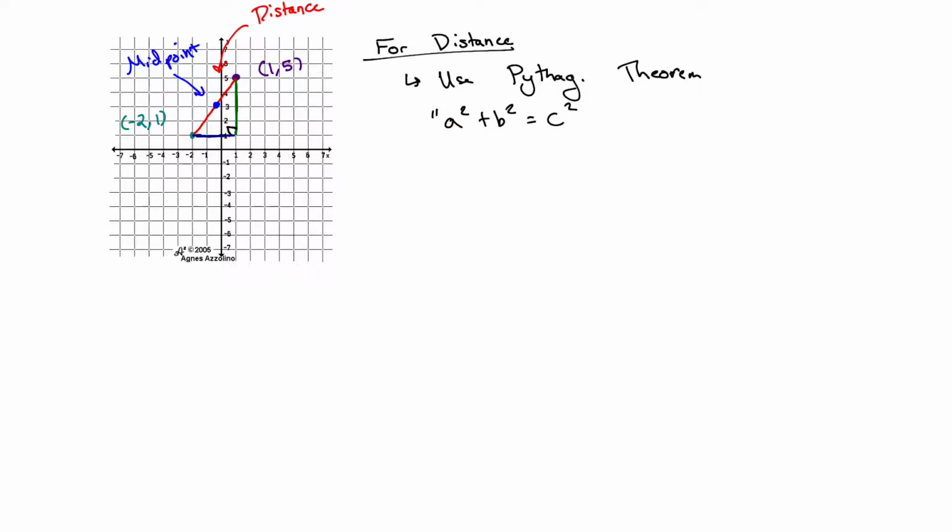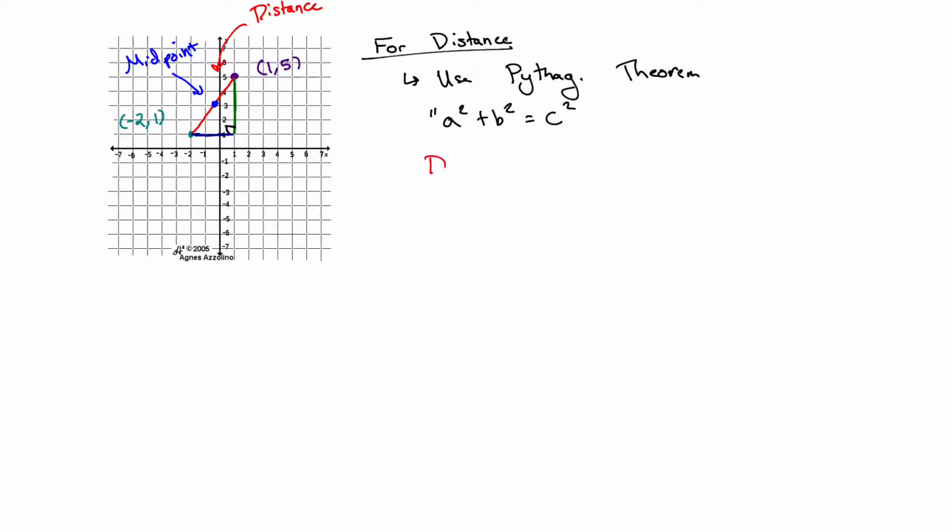So here, let's just call that distance capital D for now. Capital D is equal to, well, what's this distance? We could count it: 1, 2, 3. That's a distance of 3 units. So this right here is 3 units, and this right here, if we count that, is 4 units. So this is going to be 3 squared plus 4 squared.